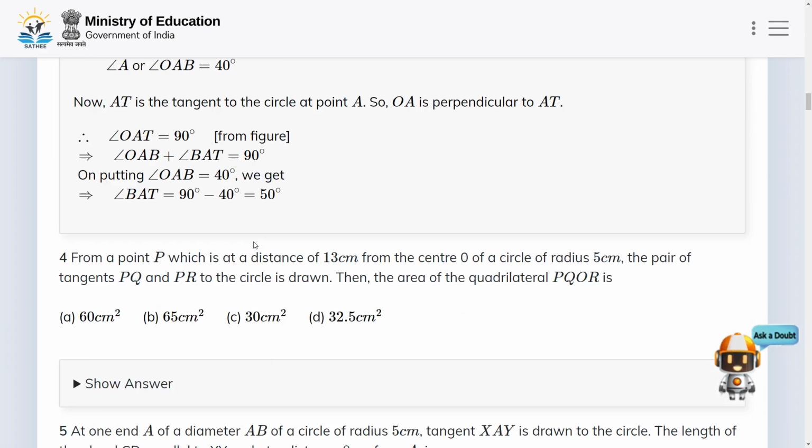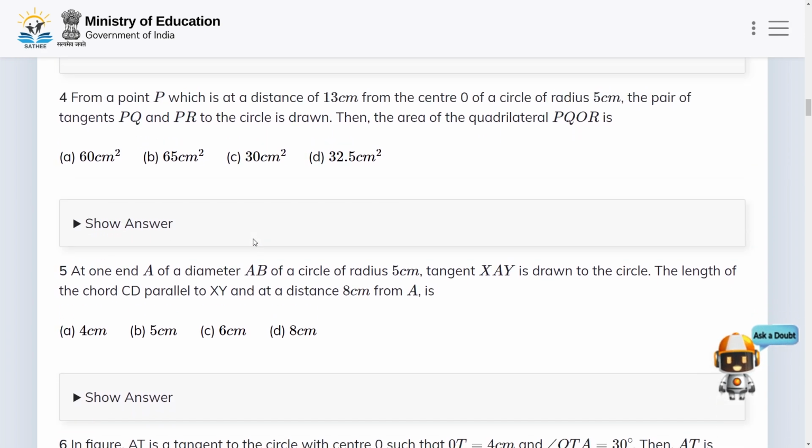Now let us move to the next question. So in the next question, from a point P which is at a distance of 13 centimeters from the center O of a circle of radius 5 centimeters, the pair of tangents PQ and PR to the circle is drawn. Then the area of the quadrilateral PQOR is what?